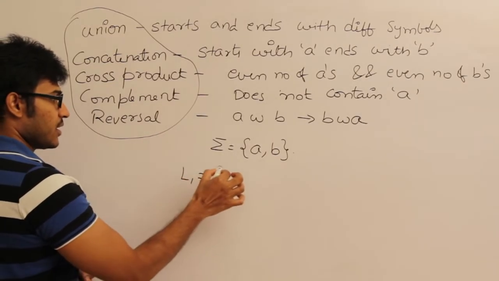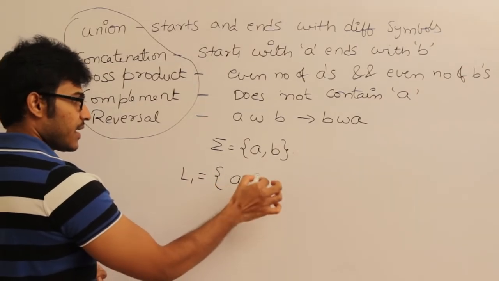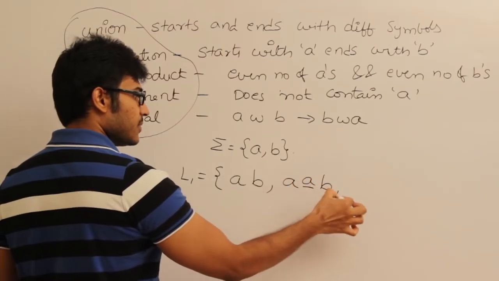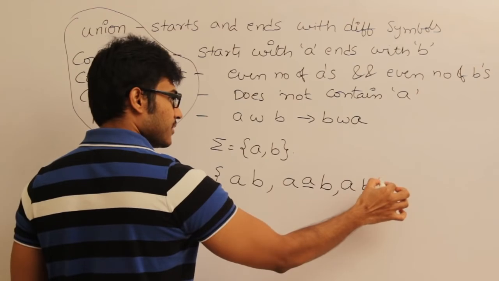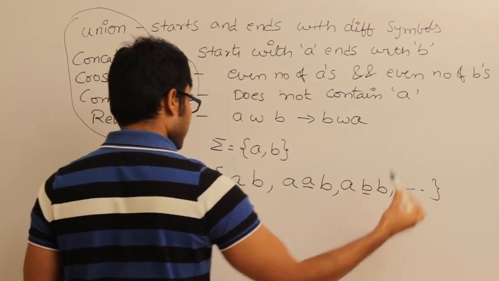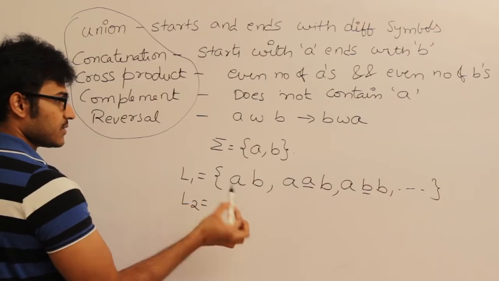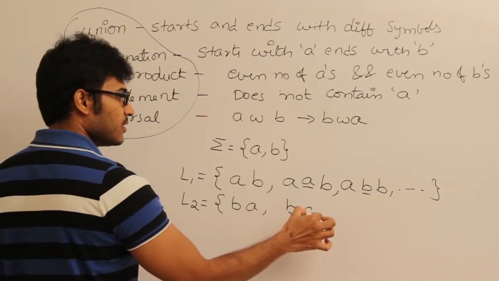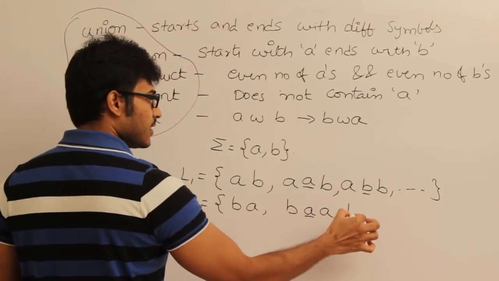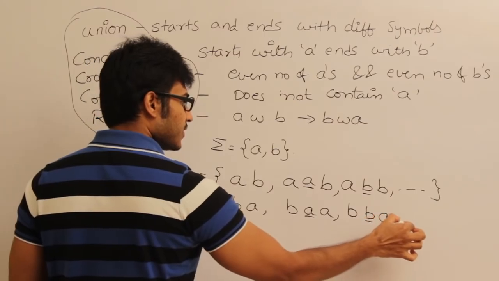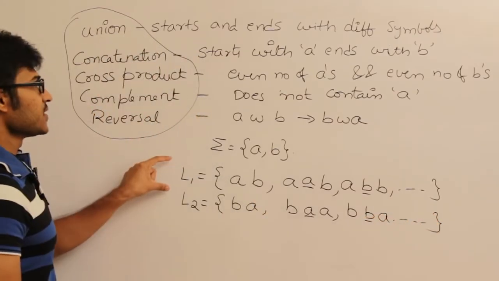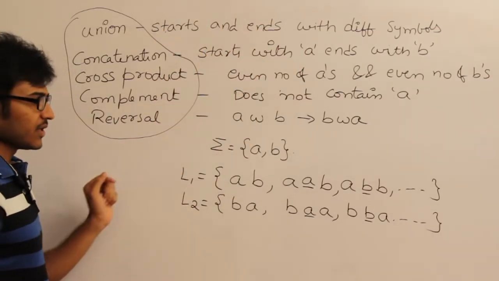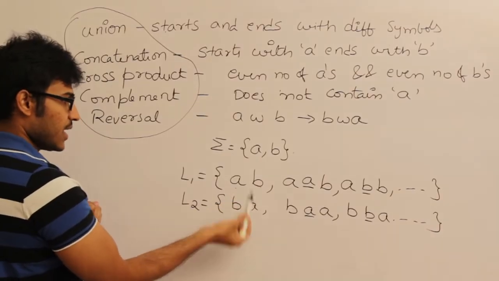One is it should start with A, contain anything in the middle, and end with B. The other is it should start with B, contain anything in the middle, and end with A. So our required language contains two parts: starts with A and ends with B, or starts with B and ends with A.